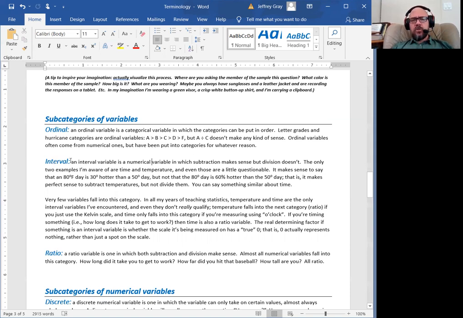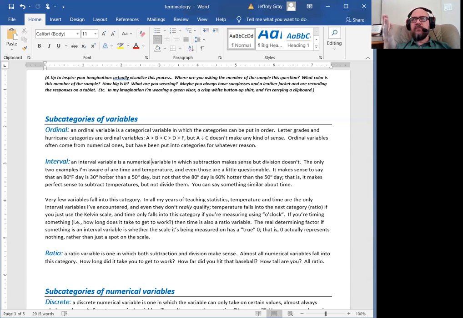And then there are two subcategories of numerical, well, there's actually more, but there are two levels of numerical variable, one of which is not important and one of which is. The not important one is interval. Interval variables are ones where subtraction makes sense, but division doesn't. In all of my time doing stats, the only two examples I've ever seen are time and temperature.